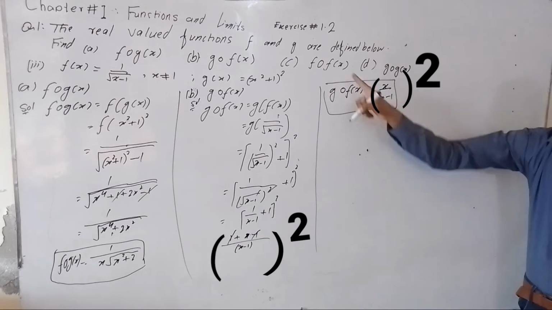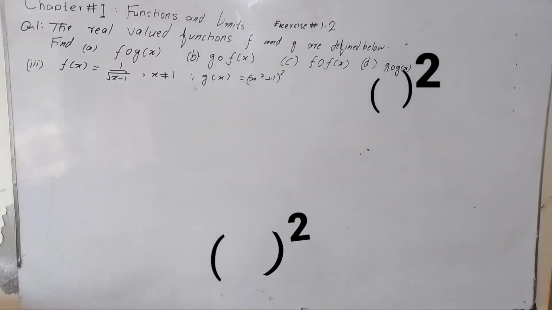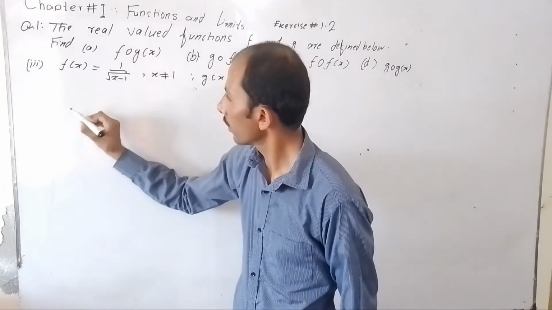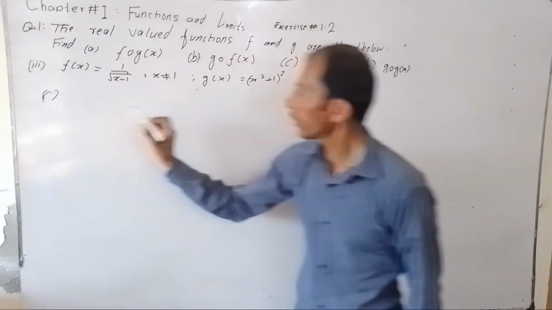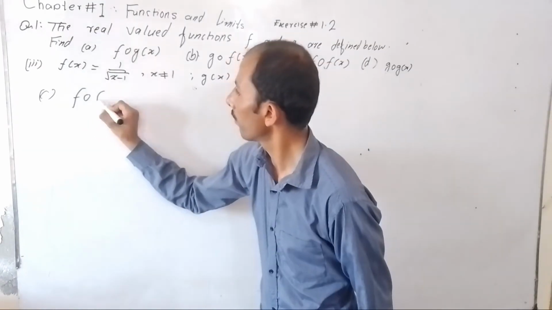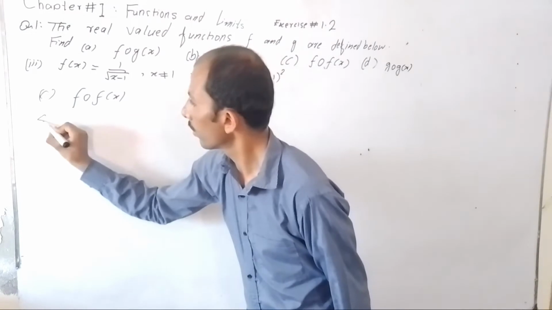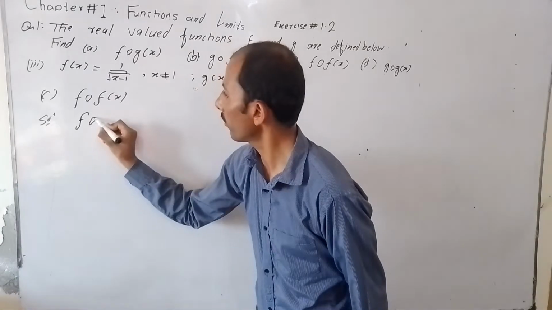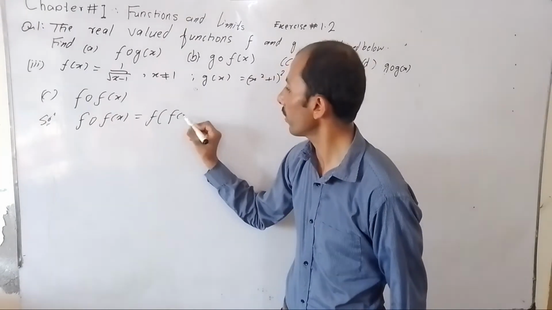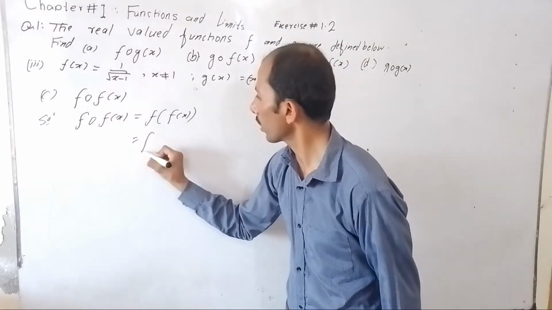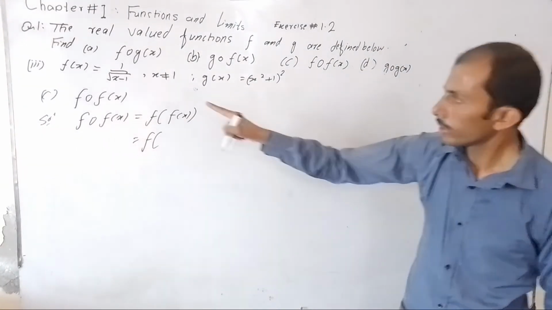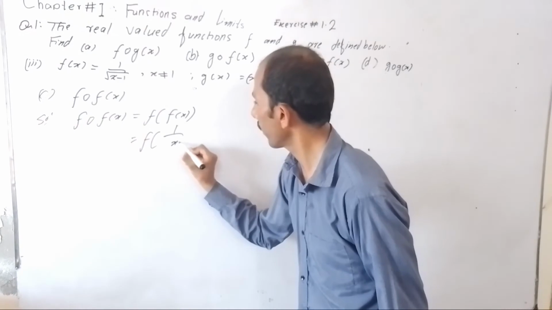Next, (c) part, f of f of x. So f of x can also be written in the form f into f of x, which is 1 divided by under root of x minus 1.